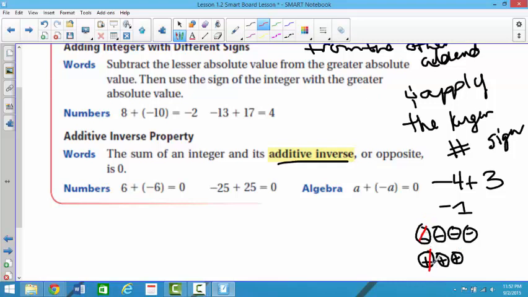So that is a zero pair, that is a zero pair, and that is a zero pair, and you're left with that negative 1. And that proves it. That justifies your answer. Okay?